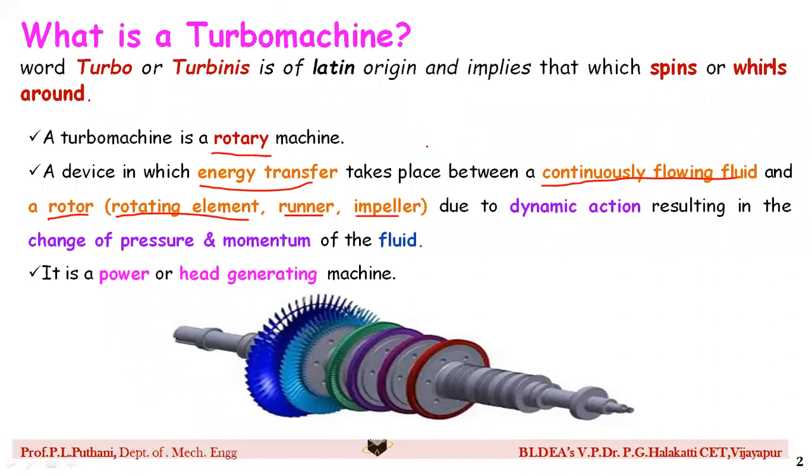When this happens, a dynamic action is developed, resulting in a change in the pressure and momentum of the fluid. Many times you have seen this when you are moving on your vehicle, or when fluid is flowing continuously, especially if you observe water flowing during flood times.